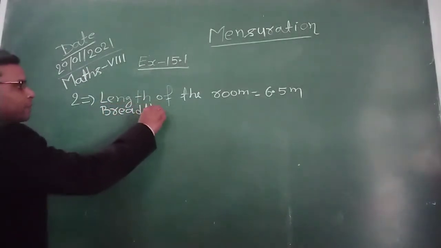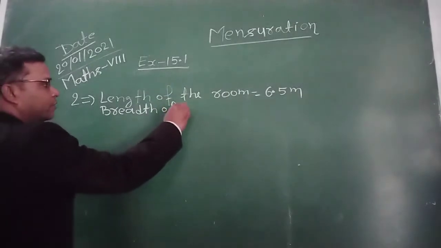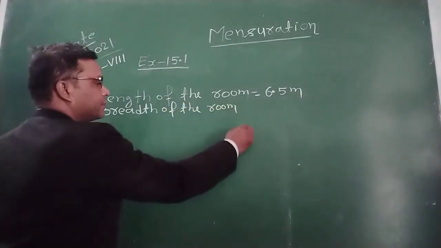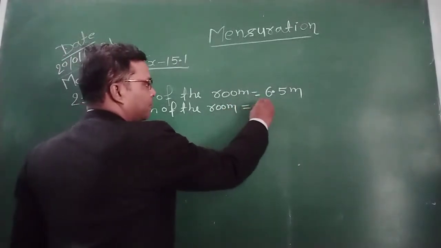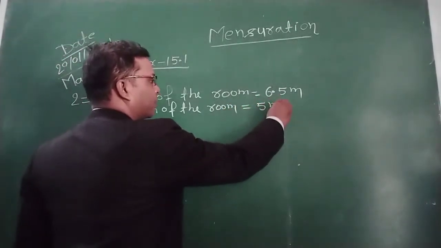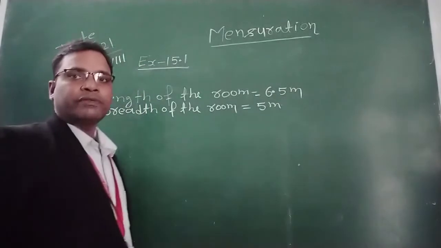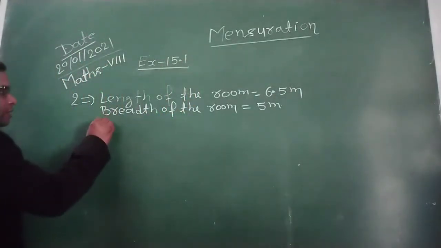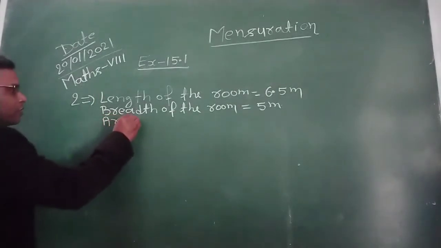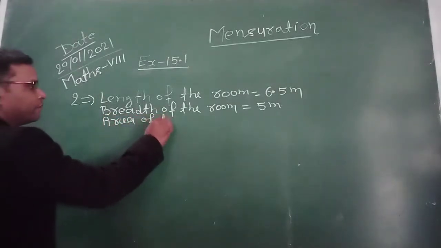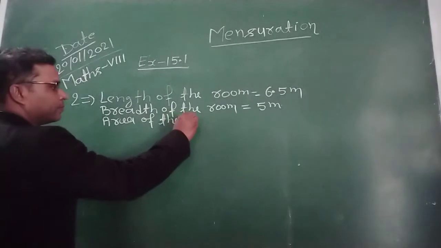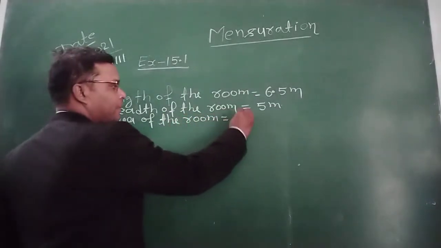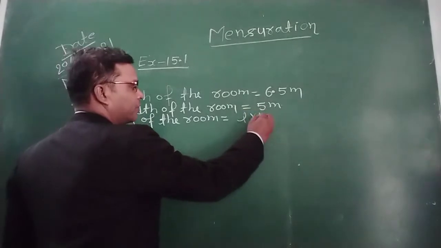Breadth of the room is also given here: 5 meter. Now you can find the area of the room. Area of the room is equal to length into breadth.